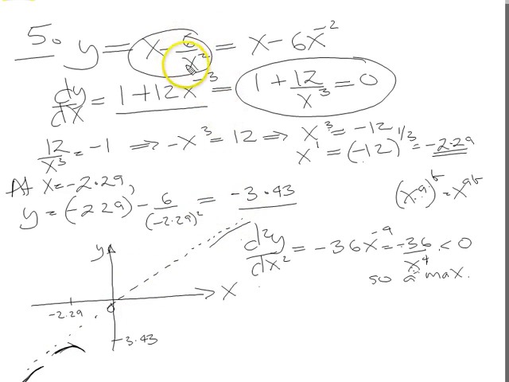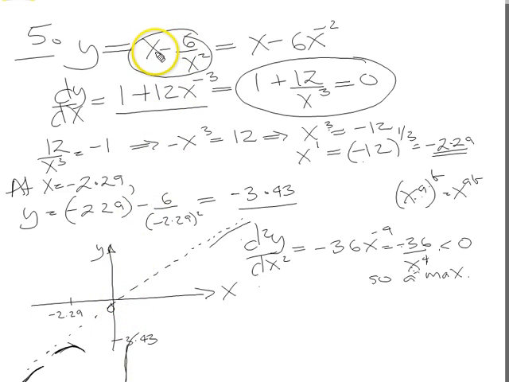Now the other thing that varies is when x gets close to 0, because that's when this shoots off to big values. Like if I put 0.1 in here, say, 0.1 squared is 0.01, and 6 over 0.01 is 600. So you've got 0.1 take away 600. It's going to be massively down here, isn't it? So it's going to shoot off down to minus infinity as x gets close to 0.